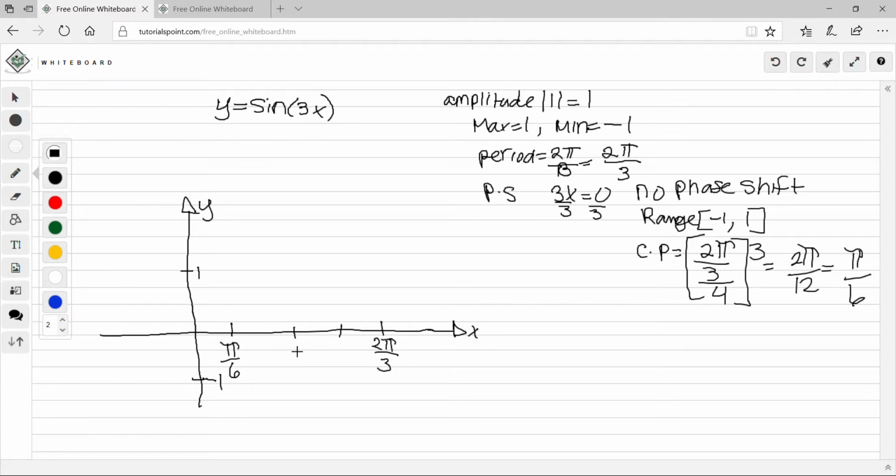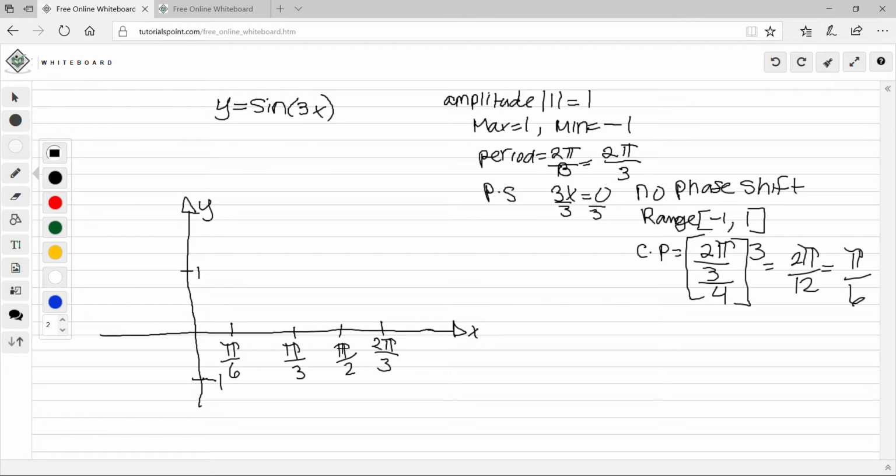So pi over 6 plus pi over 6 will give you pi over 3, and then pi over 3 plus pi over 6 will give you pi halves. So what is pi 6? Pi 6 is 30 degrees, right? So you're adding 30 degrees each. So pi 6 is 30, and then 60, 90, and then 120.